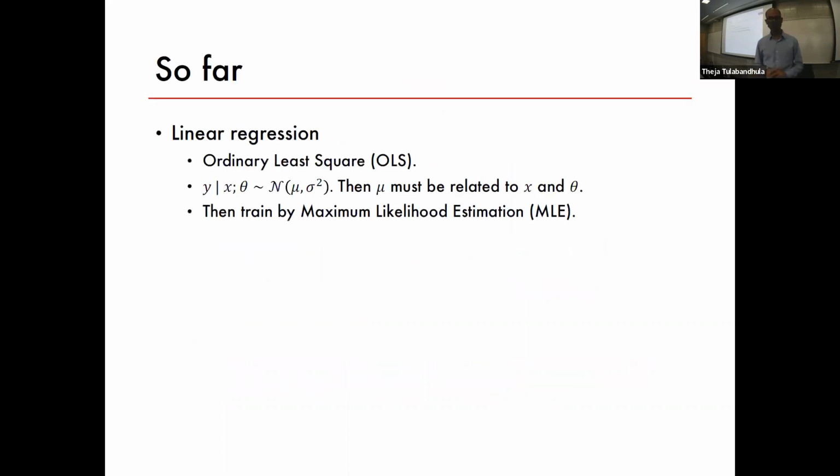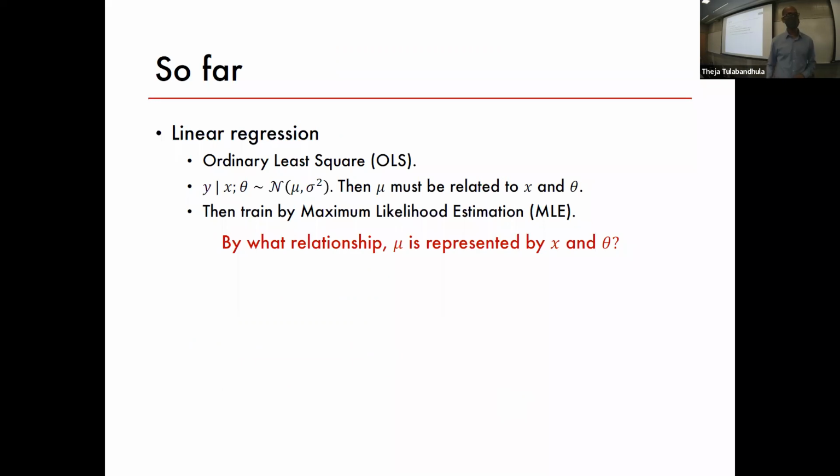So just to recap, and we'll take a short break right after, we have seen linear regression, and we did a probabilistic interpretation of the model, where we were justifying the squared loss.